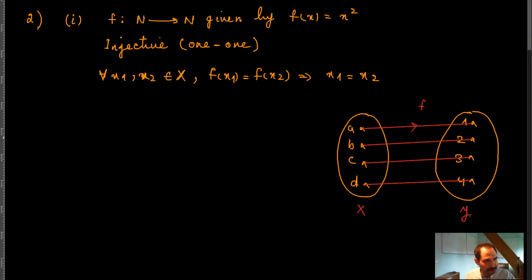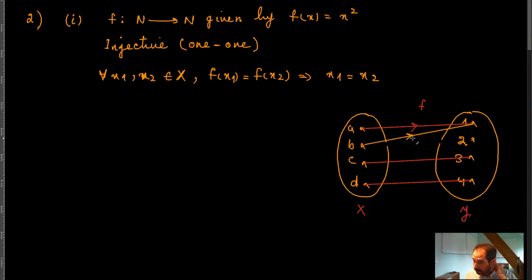On the other hand, let's suppose you have this kind of situation: the image of a is 1, and the image of b is also 1.